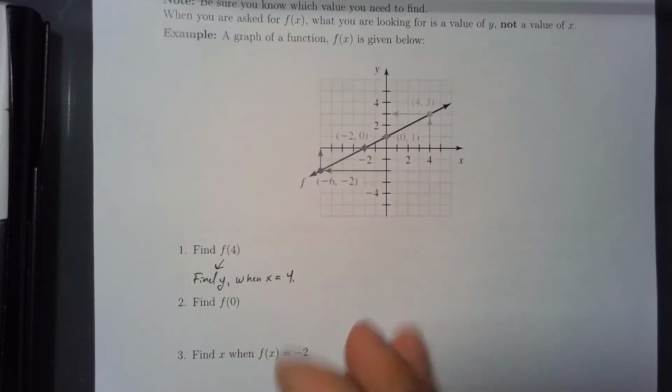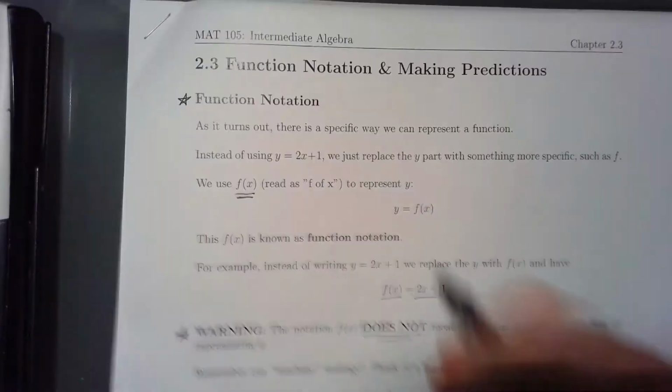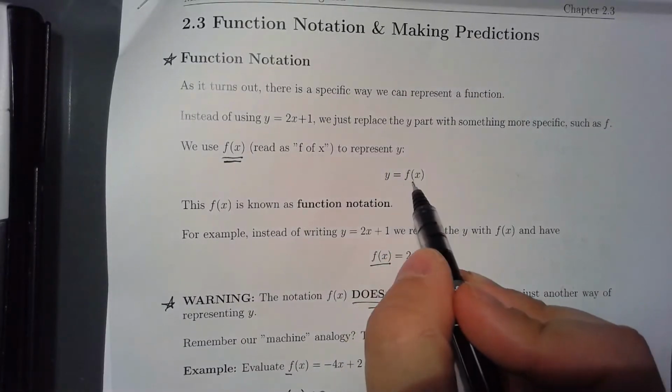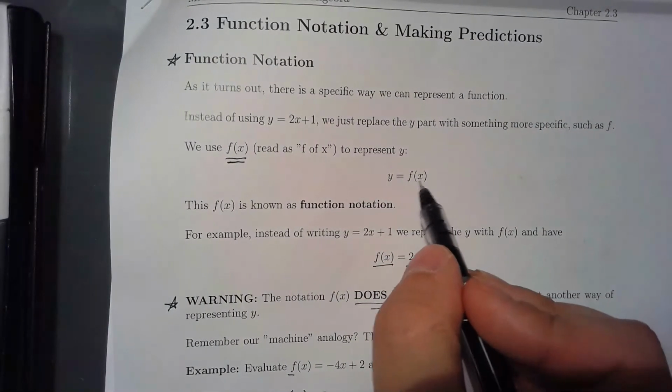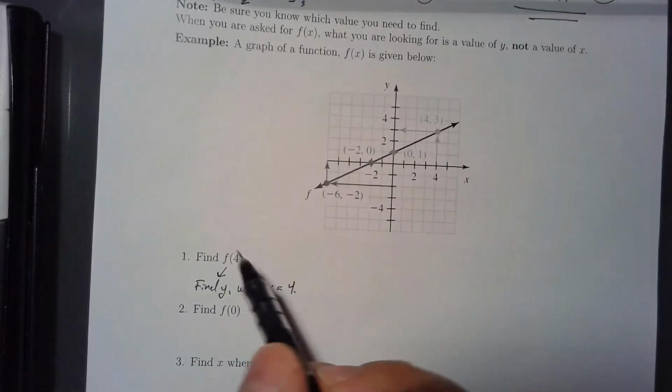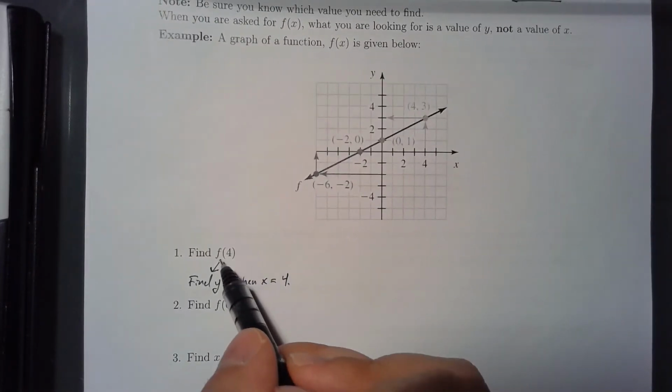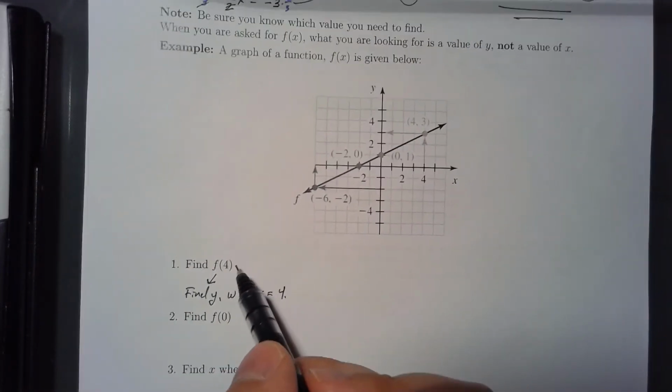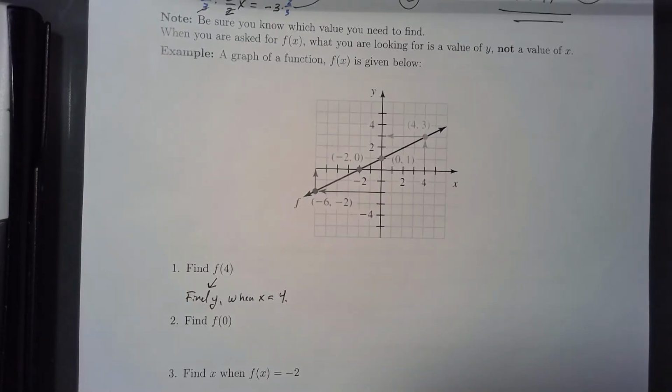It's the same thing. Remember, the first page of the notes says the following. F of x is equal to y. We're just using a specific notation, but they're both the same thing. We're just getting used to the idea of function notation here, which shows up all the time in mathematics.